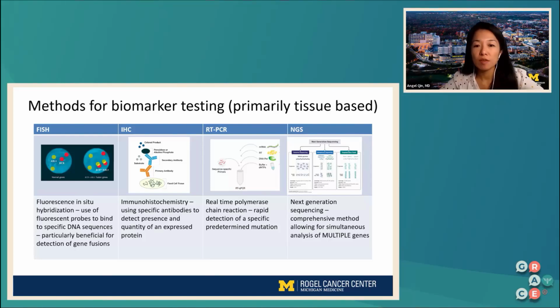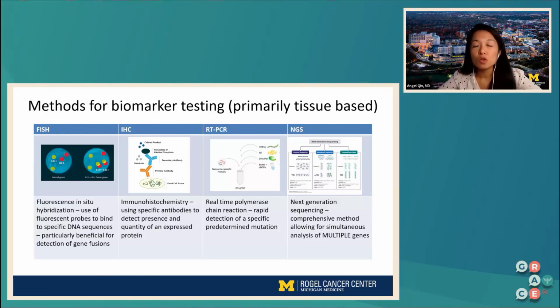The next option we have is something called RT-PCR, which stands for real-time polymerase chain reaction. And here, again, we're looking for a specific DNA change. Now, when I talk about DNA change in this talk, I'm not talking about DNA that is inherited from your parents or that you can pass on to your children. I'm really talking about the DNA that is found specifically in your cancer cells.